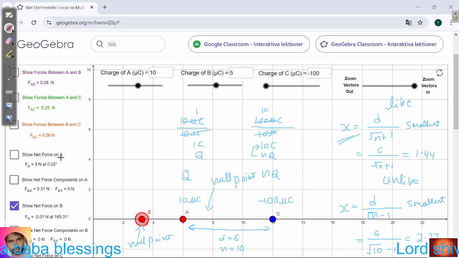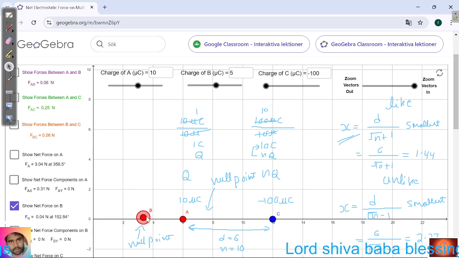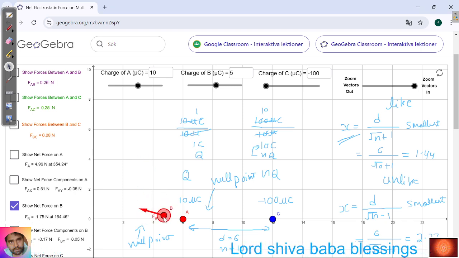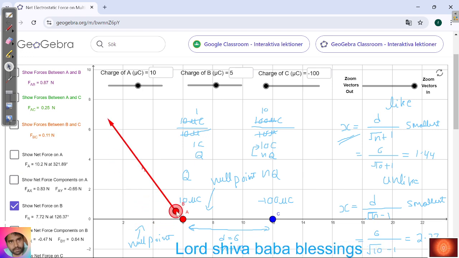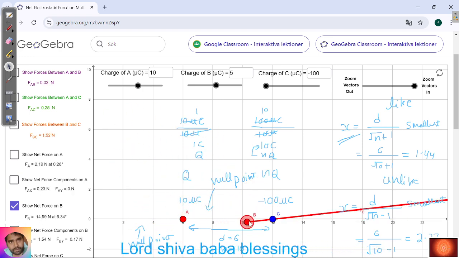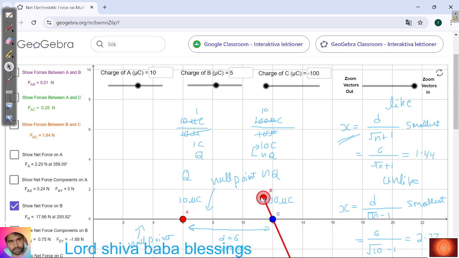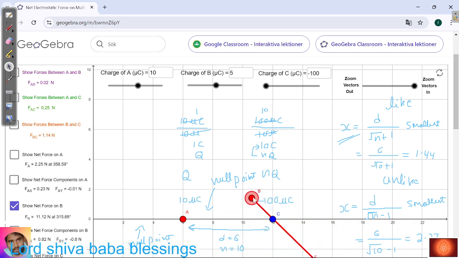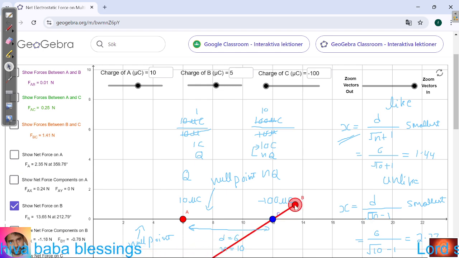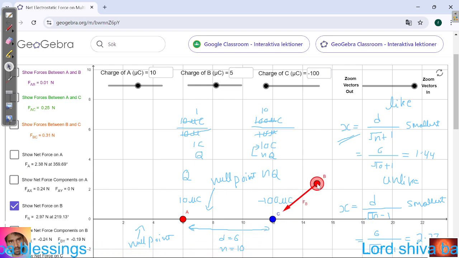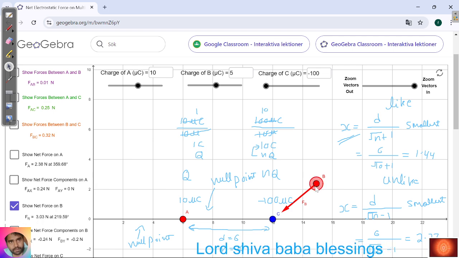Okay, if I try to keep this charge anywhere around, look over here, it is experiencing force. So what kind of force? It is experiencing attractive force here, because this is negative charge and this is positive charge.